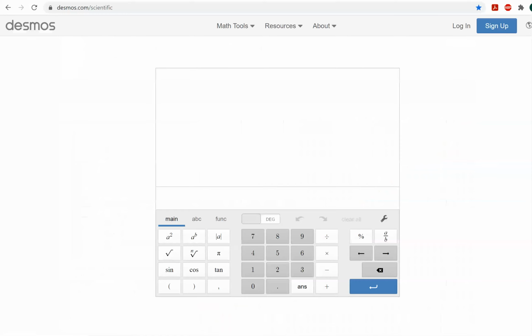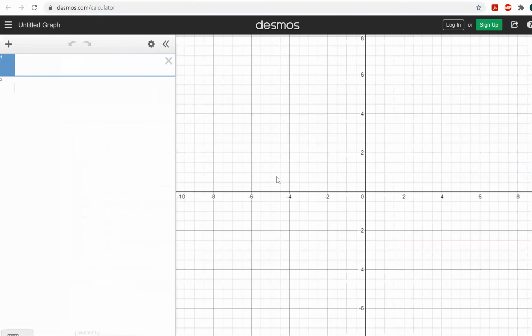So we're going to go to the graphing calculator. There's this plus symbol in the upper left-hand corner, and that's where you can choose to add an expression, a note, all sorts of things. We want to add a table. I can see my x1, y1, and for x, we're going to input all of our x values.